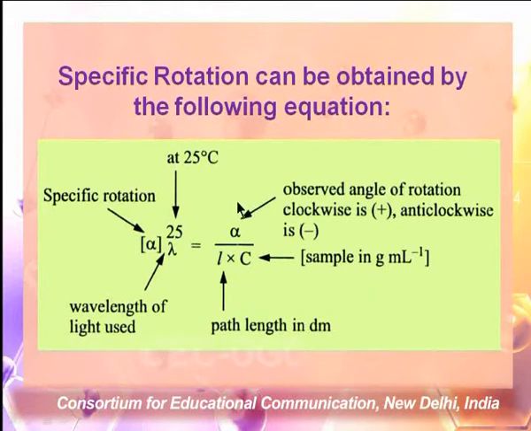So this we've observed. These two also we are getting from our experiment: what is the concentration of the sample we are using, what is the length of the sample tube, and what is the concentration of the substance. All these three are known. So from this we will now calculate the specific rotation.